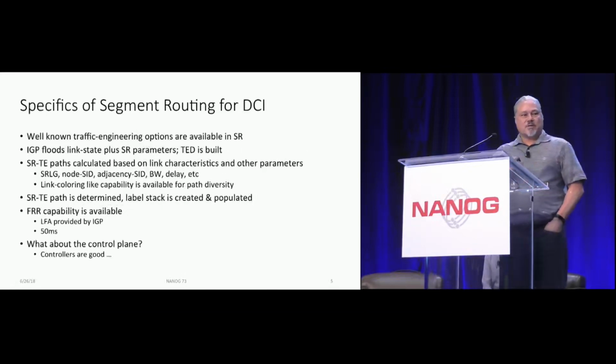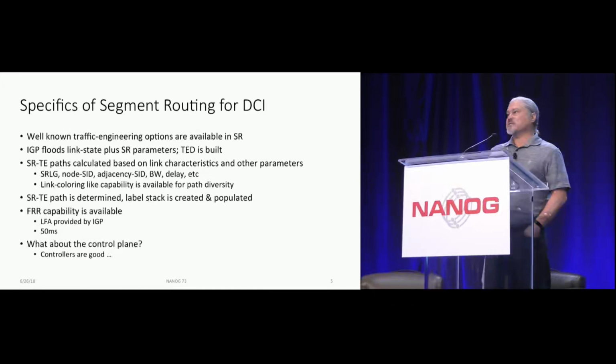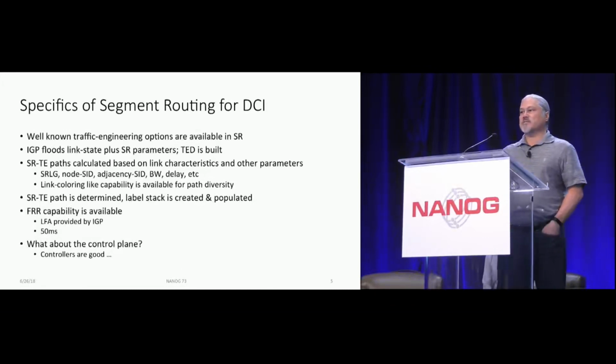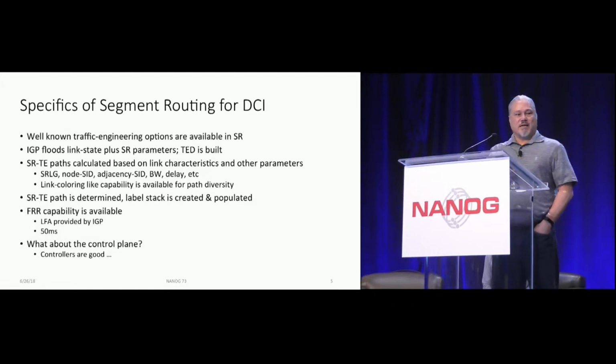So some specifics. So traffic engineering is very well supported in segment routing. All the stuff that you've come to like and know within RSVP is in segment routing. In this case, what's different is the IGP floods that information, well, kind of like the previous RSVP where the IGP floods. So the IGPs have been extended yet again to support things like node SID and adjacency SID.